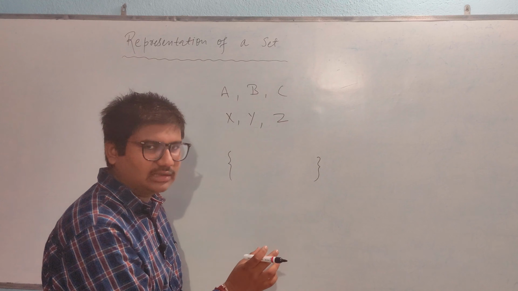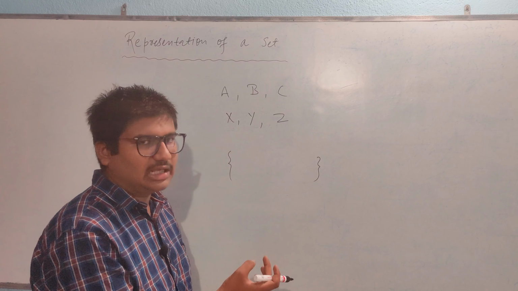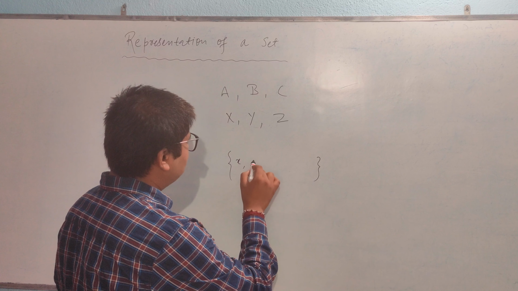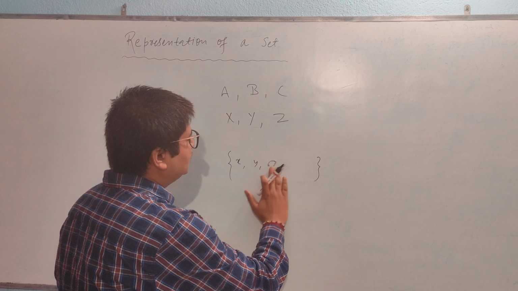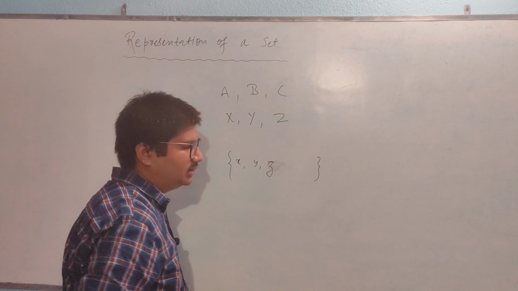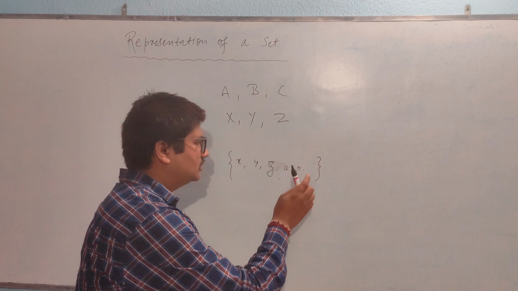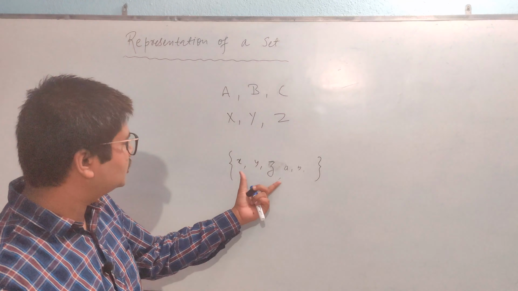Inside the curly braces, if you are using the English alphabet, then it should be a small letter, like x, y, z, and a and b also. The main part is it should be small.